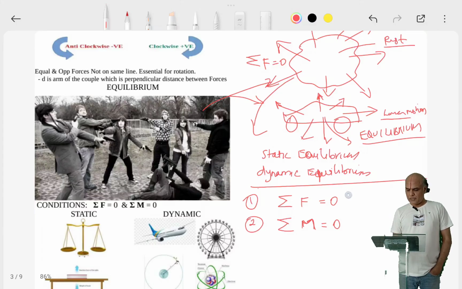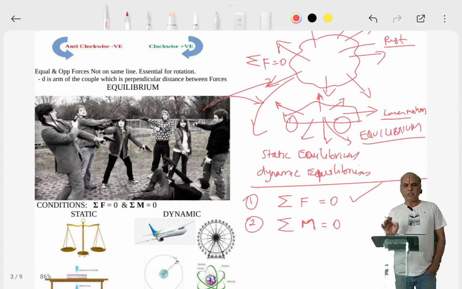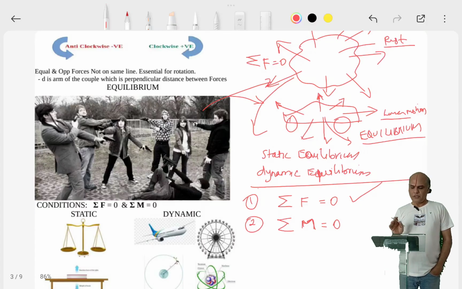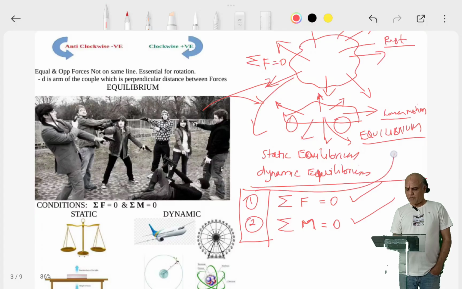The first condition is the resultant of all forces acting on the body must be equal to 0. The second condition is the algebraic sum of moments of all such forces acting on the body should be 0. So when these two conditions are met, then the body attains a state called equilibrium.